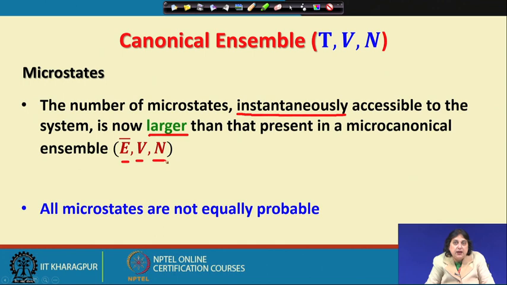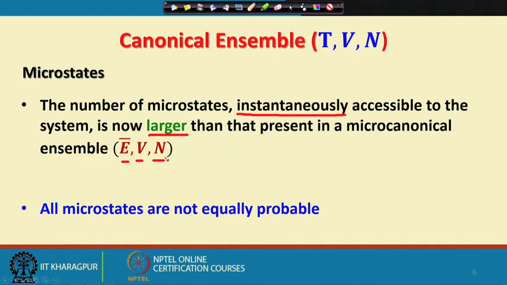And this is exactly what we have demonstrated to you by showing that if I fix those two spin half particle system to E bar equal to 0, the number of microstates accessible would be only 2.